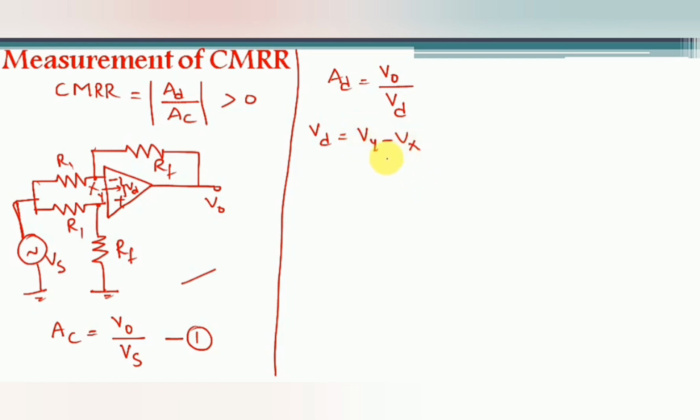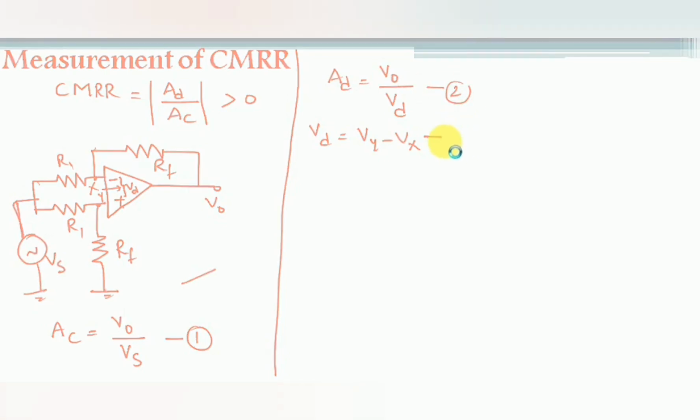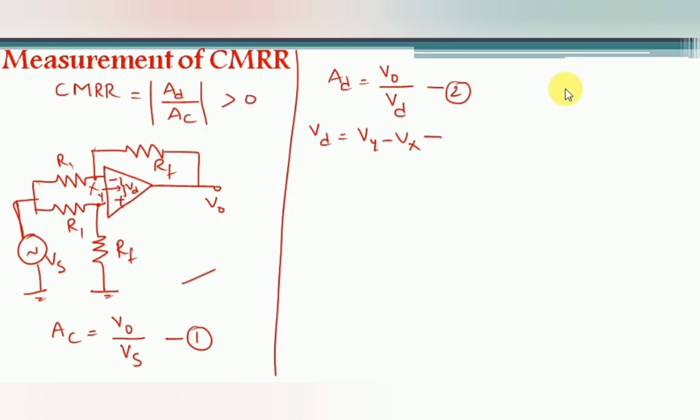Now we have to find out the values of Vy and Vx. Thereafter we substitute them in the value of Vd, and next the value of Vd is substituted in terms of AD. Let us consider this as equation 3. Now from the circuit we have to find out the values of Vy and Vx.